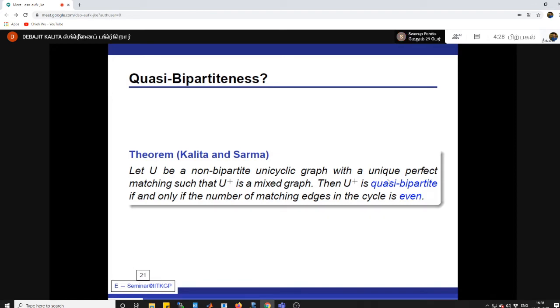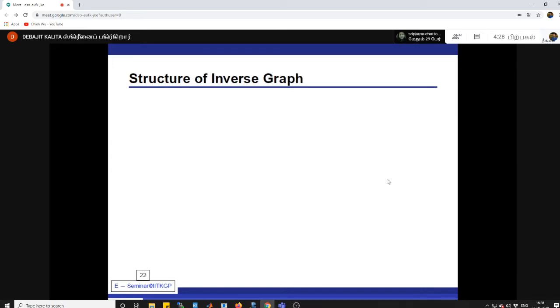Then its inverse is quasi-bipartite if and only if the number of matching edges in the cycle is even. Otherwise, it is not quasi-bipartite. So these are all about the structure of the inverse graph: bipartite, non-bipartite, and quasi-bipartiteness.